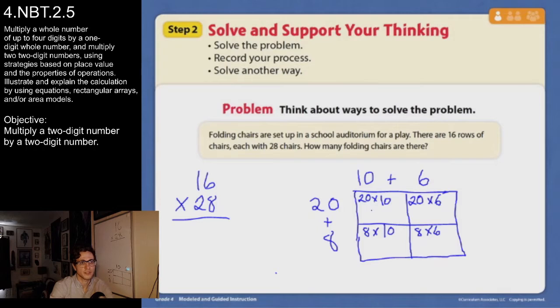So solving for each box, 20 times 10, we can look at that like 20 times 10, or let's take a look at the tens value. 2 times 1 is equal to 2. Then we can just drop these extra zeros down into place, making it 200. Let's come over here. We can do the same thing.